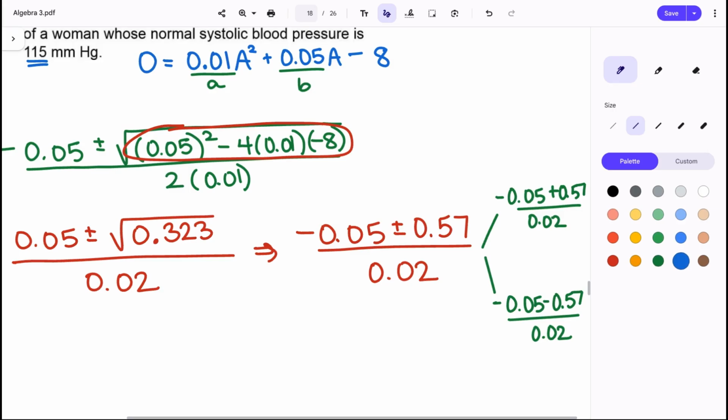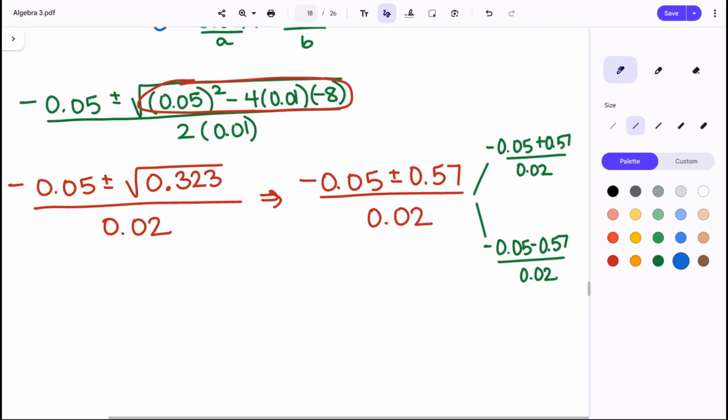What do you get for the 2 answers? And the other one? Is it positive?